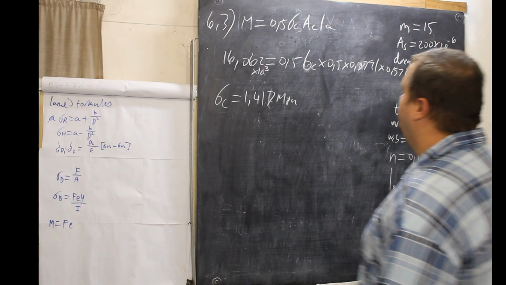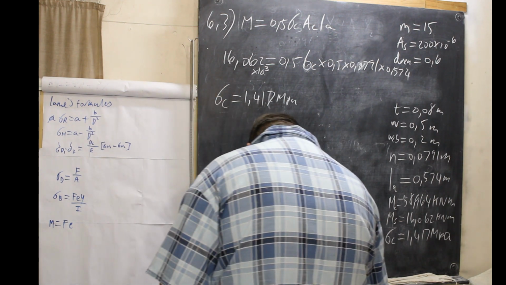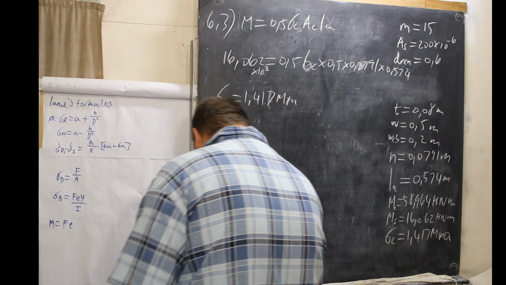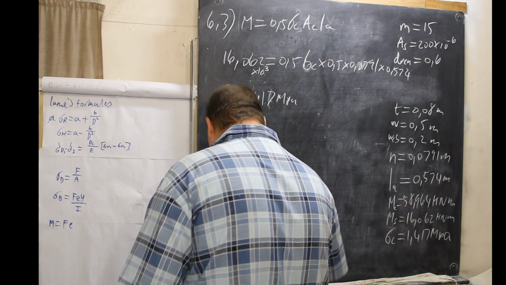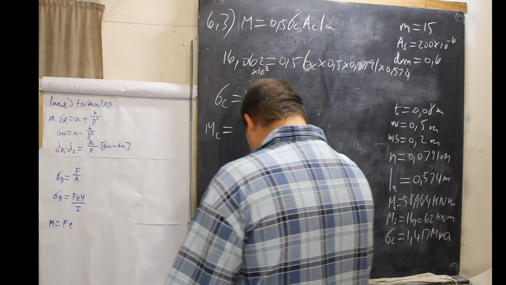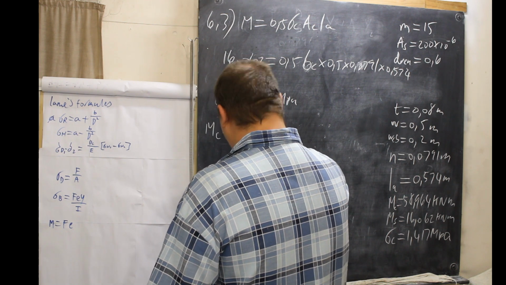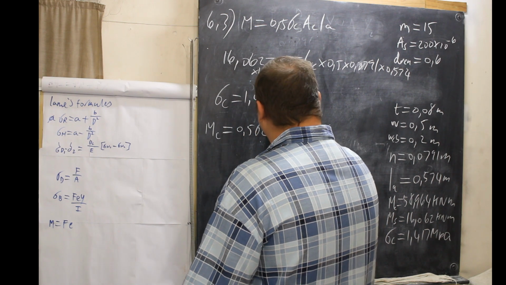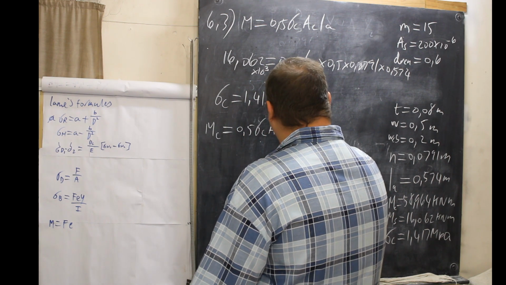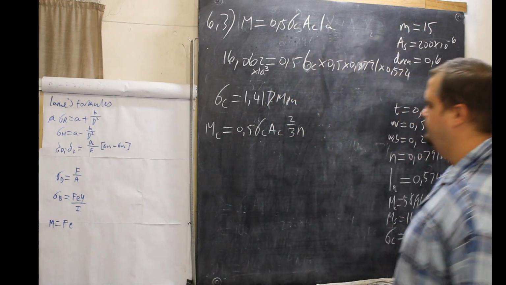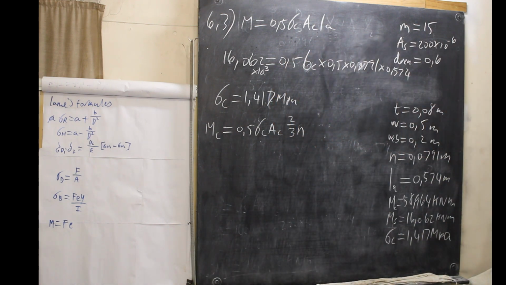Right. So 6,4 now. They want the actual moment of resistance of the concrete. Quite simple to do. MC, moment of resistance, equals 0,5 times stress of the concrete times area of the concrete times 2/3 N. So N has become valuable again.